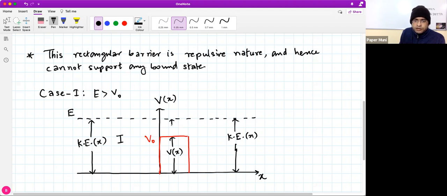Okay, so this is the kinetic energy in this region. Now, this one is region 1, this one is region 2, and this one is region 3.